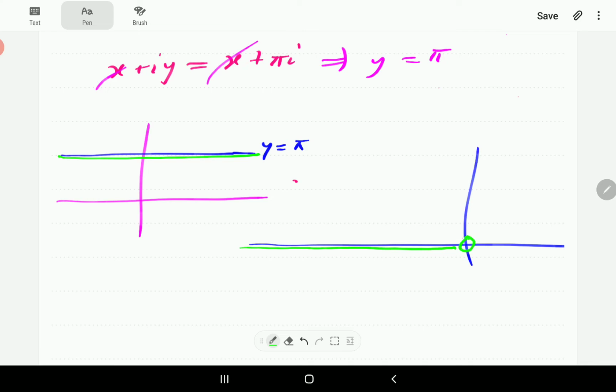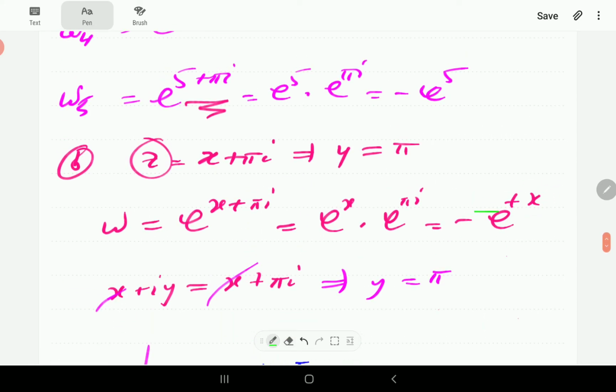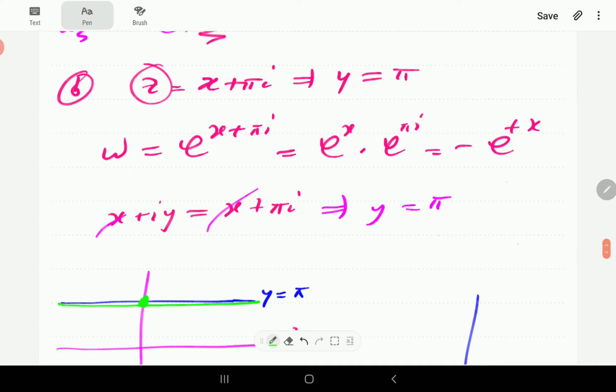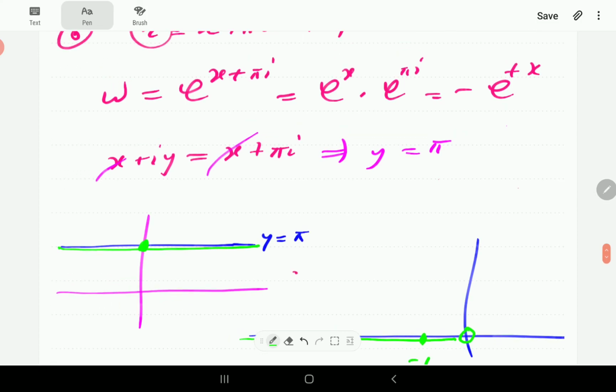0 is not going to be part of this, because this value never gives us 0. So when x is 0 here, that is going to give us -1. It's -1 here. Then when x is 1, this is going to give us -e. So that's going to be somewhere there.